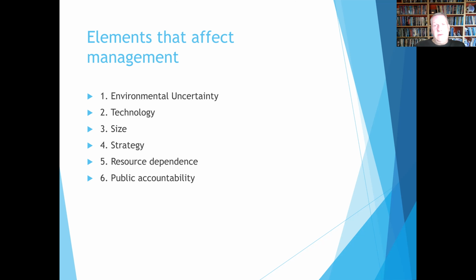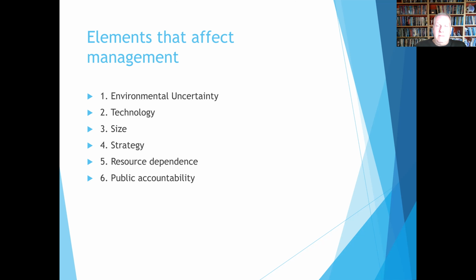The size of the organization will also have an impact. We have some very large organizations with tens of thousands of employees. We have some very small commissions that only have 12 to 15 employees. The strategy of the organization will obviously make a difference for the activities of that organization and how that organization interacts with its environment.